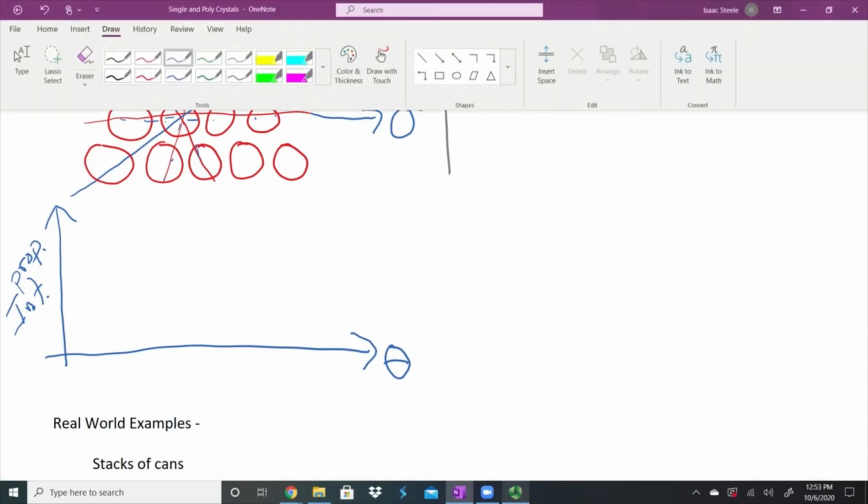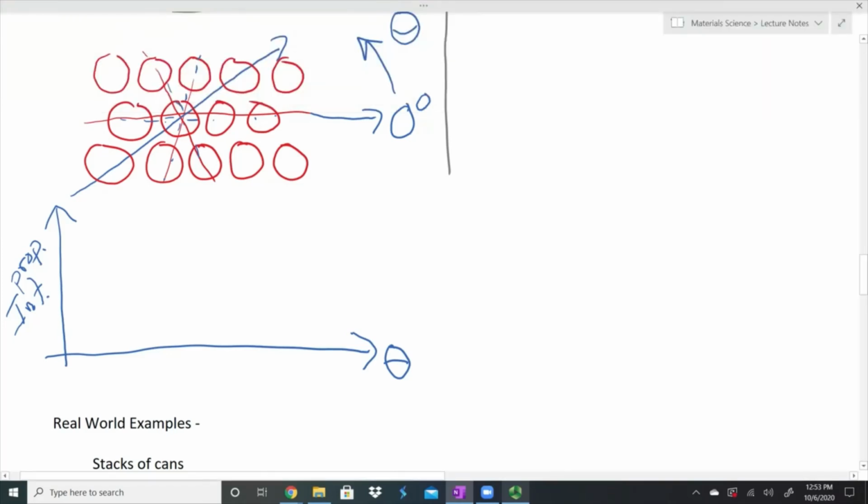What we would get for a single crystal is a high property intensity at one orientation, very high voltage, the ability for voltage to pass through in one direction. But as we rotate, it isn't quite as intense, and so it might drop.